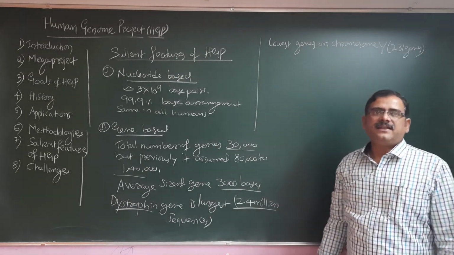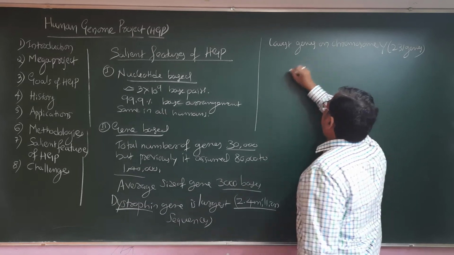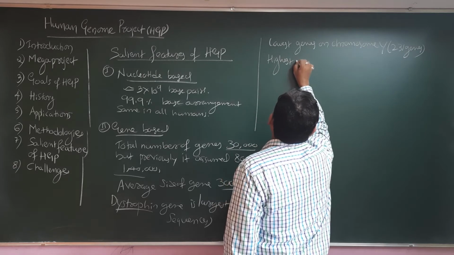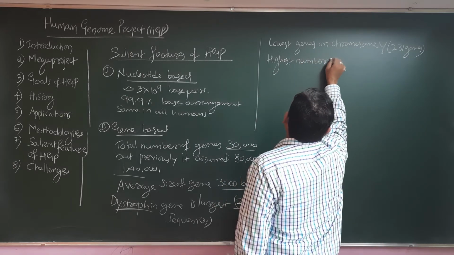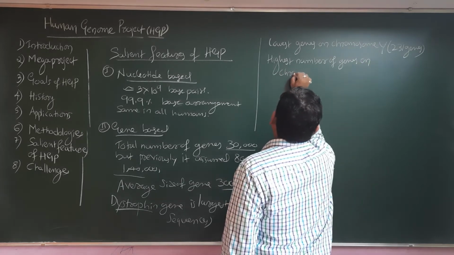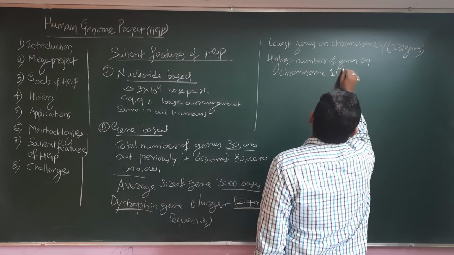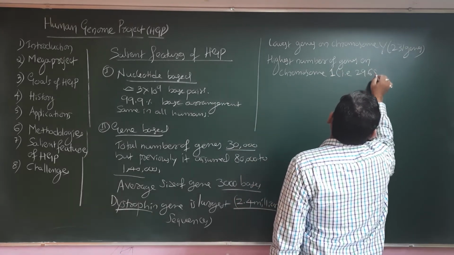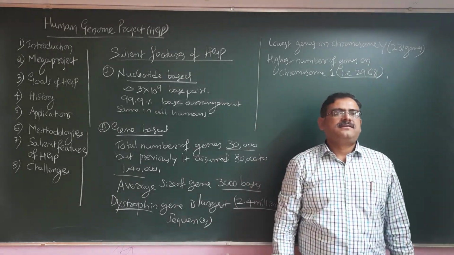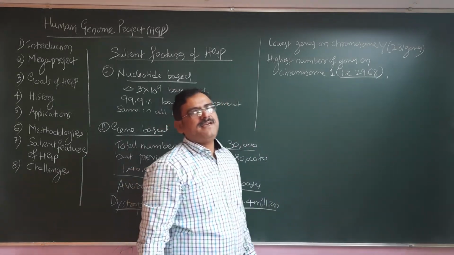And when we talk about the highest number of genes, that is on chromosome 1, which has 2,968 genes, okay. Yes, all these genes are the result of the number of bases.